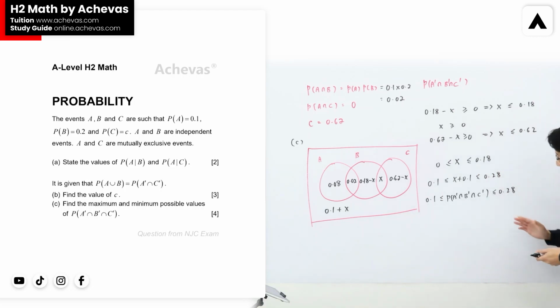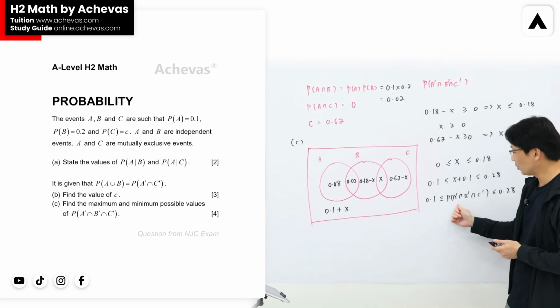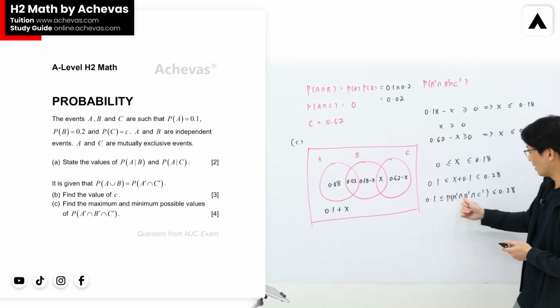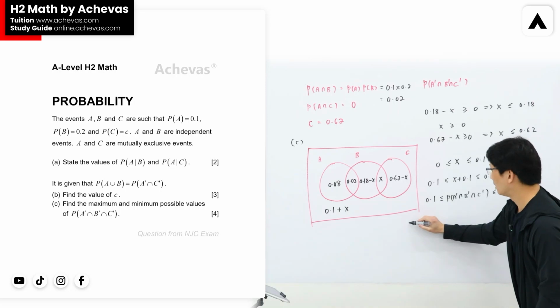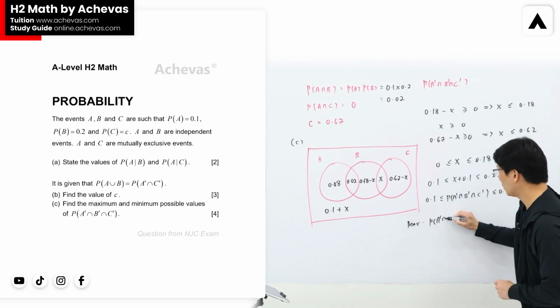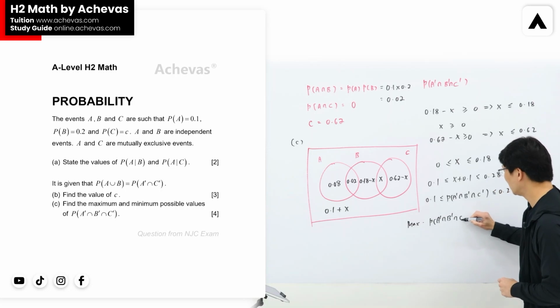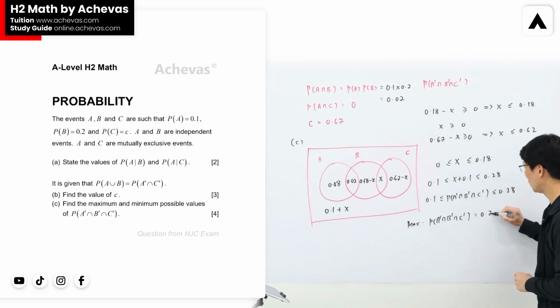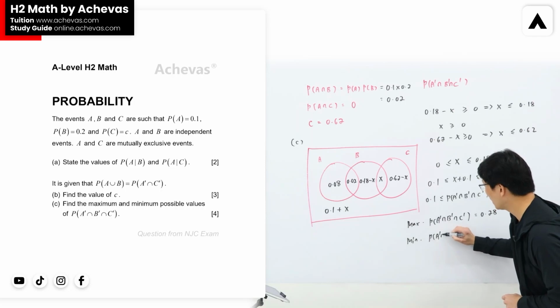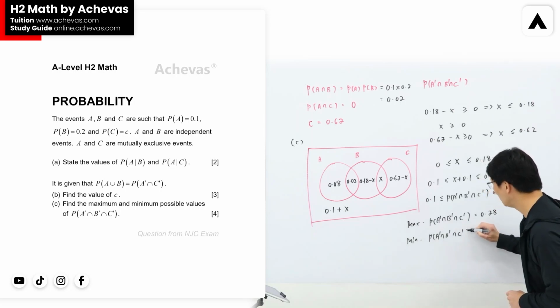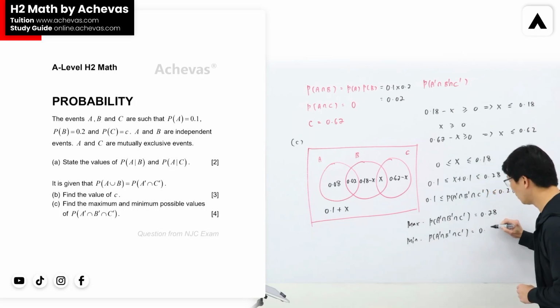And we can see that the minimum value that this probability can take will be 0.1 and the maximum value will be 0.28. I'm going to write down one more step here. The maximum value of the probability of A prime intersect B prime intersect C prime will just be 0.28. And the minimum value of the probability of A prime intersect B prime intersect C prime will just be 0.1.